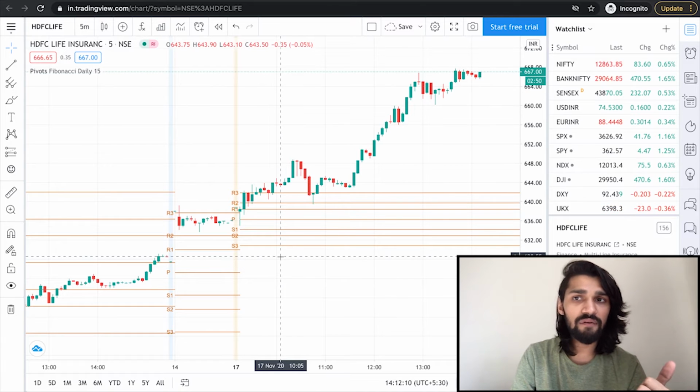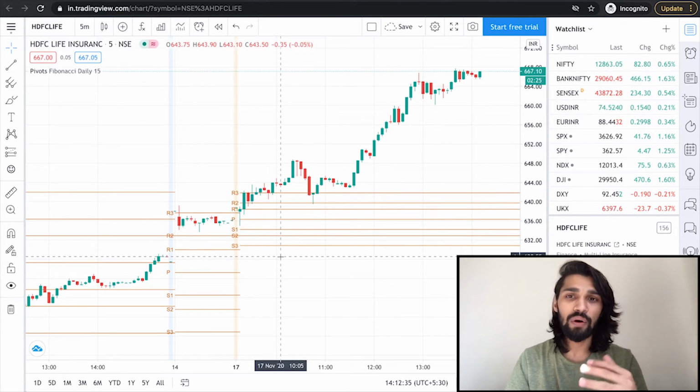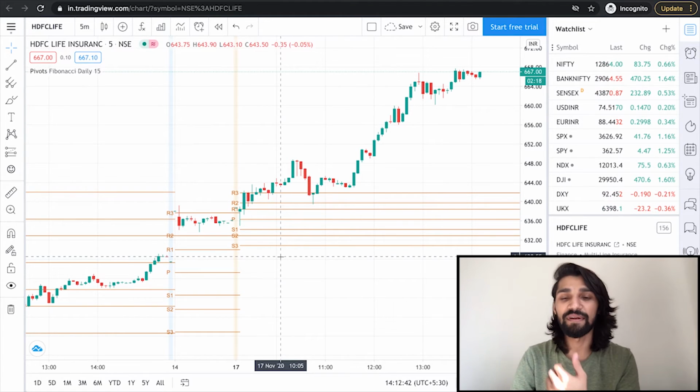The shortcoming of this indicator is that it may or may not be the actual support or the resistance. They just use some basic calculations to take these points out. So as I said, you should not trade only on the basis of indicators, but as I have shown you in the previous videos, use combinations of indicators.